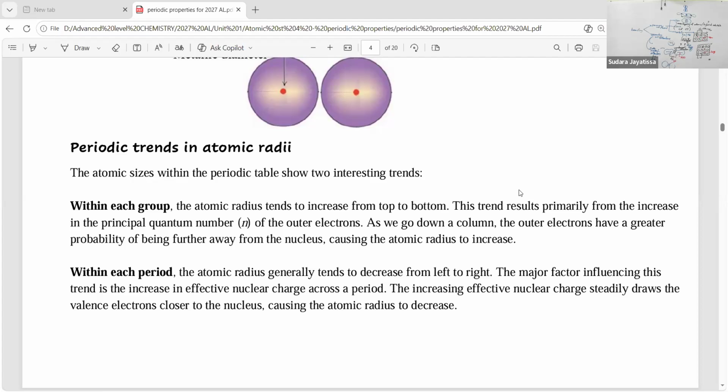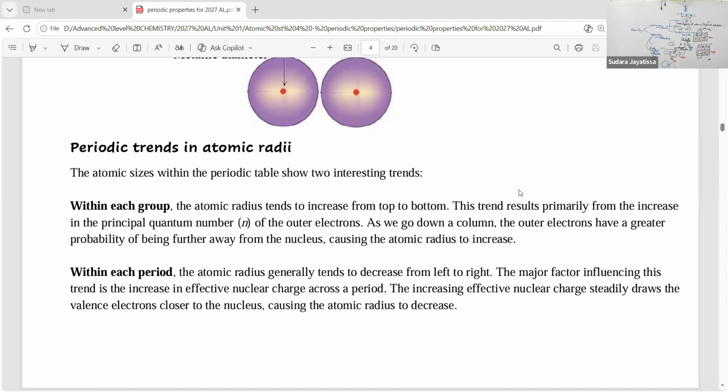Atomic sizes within the periodic table show two interesting trends. We'll see whether they are interesting or not. What is the first one? Within each group, the atomic radius tends to increase from top to bottom.